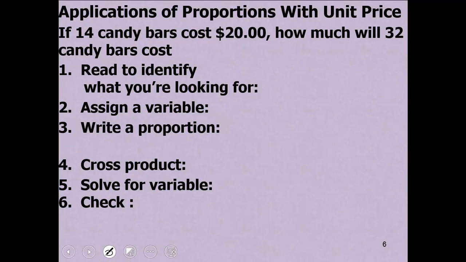If 14 candy bars cost $20, how much will 32 candy bars cost? So you're looking for the dollar amount. So X is going to go in the money spot. You can write it like that.